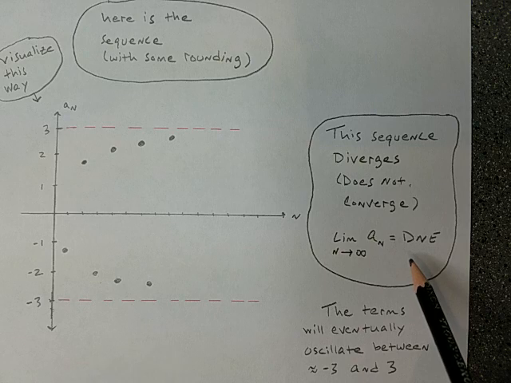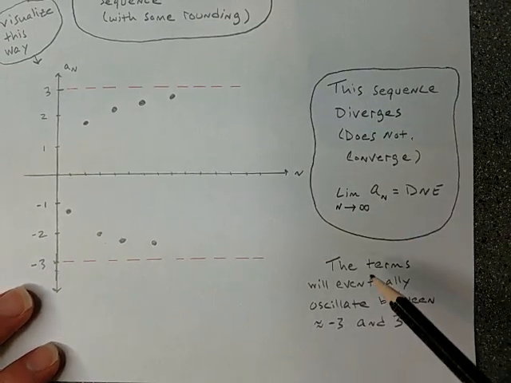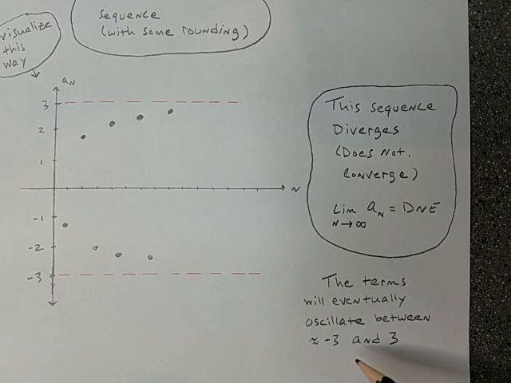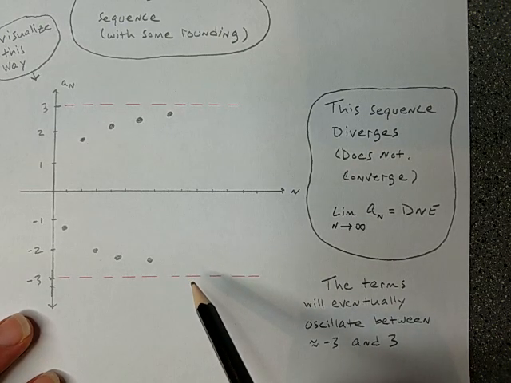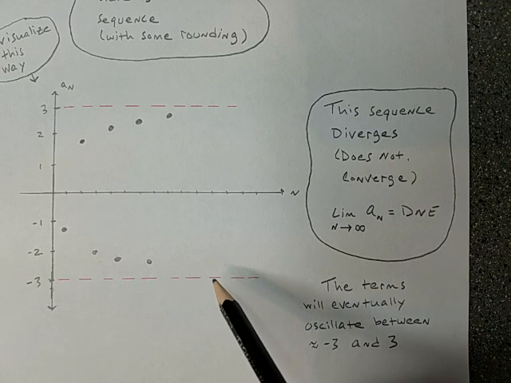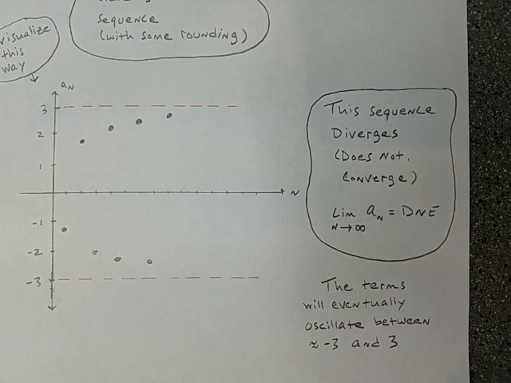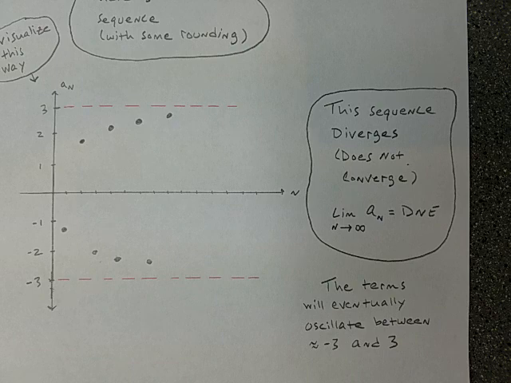The terms themselves don't individually get closer and closer to any specific number. I guess you could say there's still a pattern. The terms oscillate between -3 and 3, but they are not getting closer and closer to any particular number. So can we accept that this one diverges in contrast to the one which converges? You see what converge and diverge both look like.